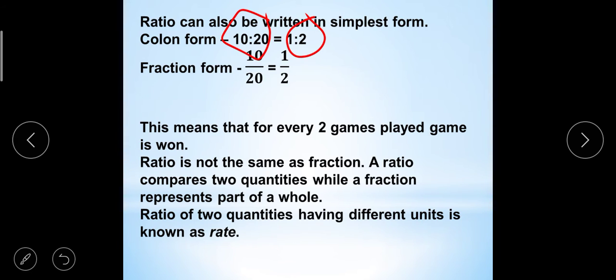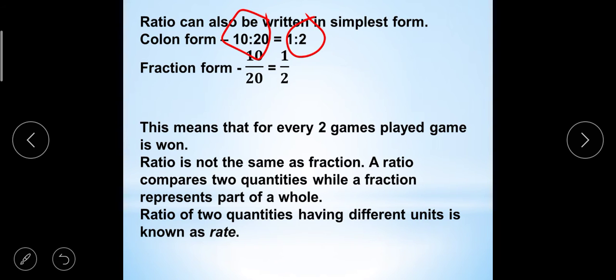So, that gives us 1/2, or 1 is to 2. We're good? Okay, so this means that for every 2 games played, one game is won. Okay, so for every 2 games played, yung isa doon na ipapanalo ng team.